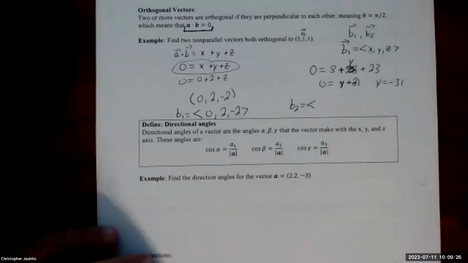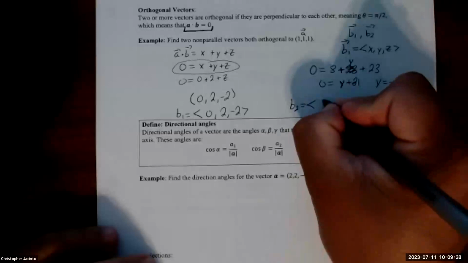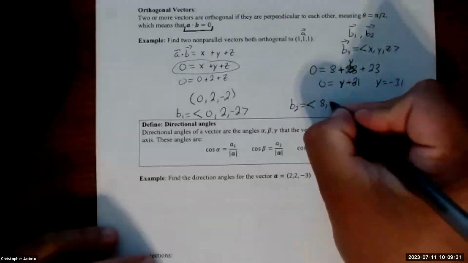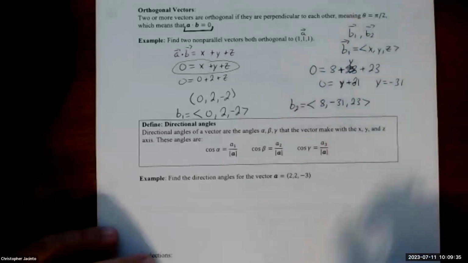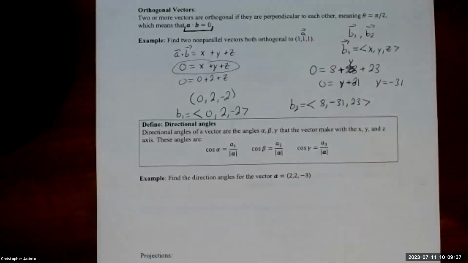There we go. So our other point would be 8, comma, -31, comma, 23. And they're non-parallel, which is the best part.